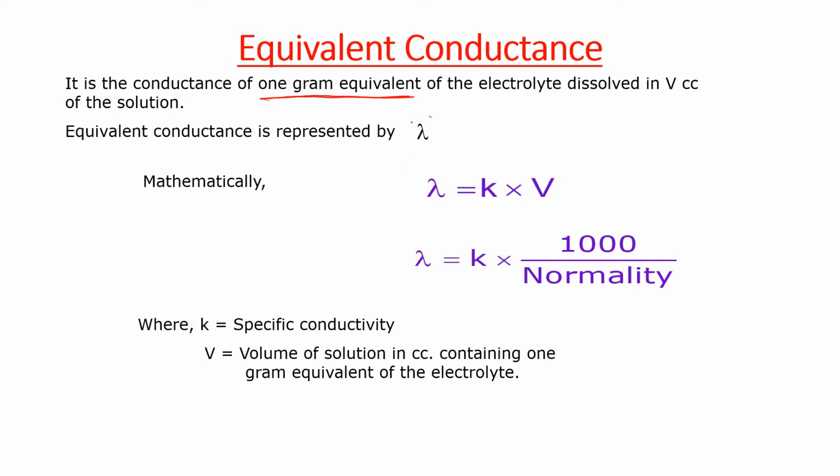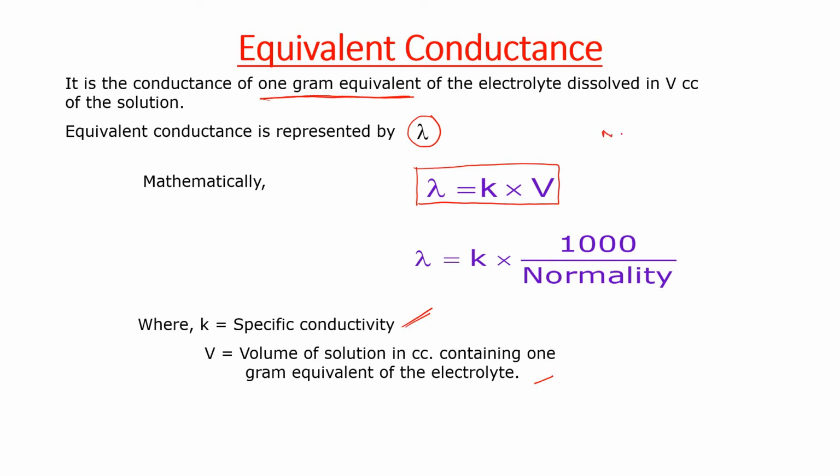It can be shown by lambda. The formula will be lambda equals kV. K, you already know the meaning, is conductivity or specific conductance. Volume is in terms of ml. Now here I am deriving this V by using the normality formula.